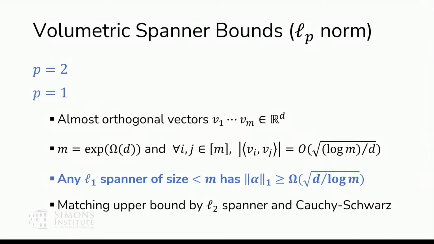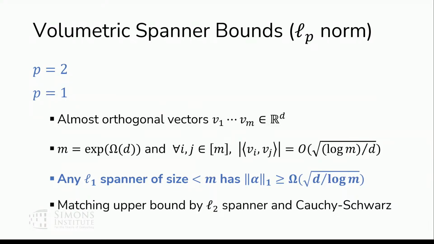Okay, and then it's easy to see that any L1 spanner of size less than m, even if you just ignore one of them, needs to have L1 norm for the coefficient vector at least omega of square root of d over log m. The reason is that if you write it in the canonical form of this inner product, all of them have just a small value, so the L1 norm should be large.